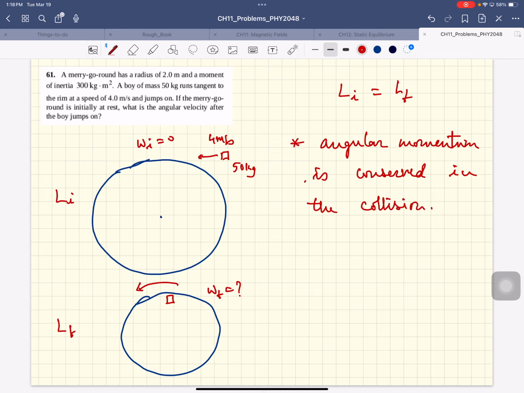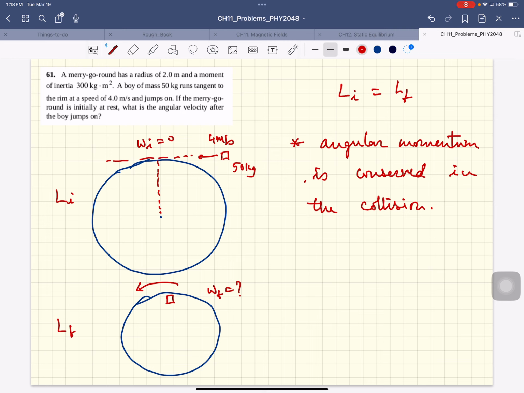So what we'll have to do is, here's how you calculate the angular momentum for a point particle. This would be the moment arm, okay?